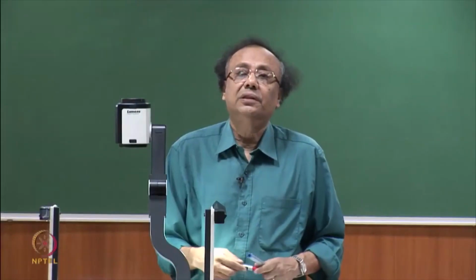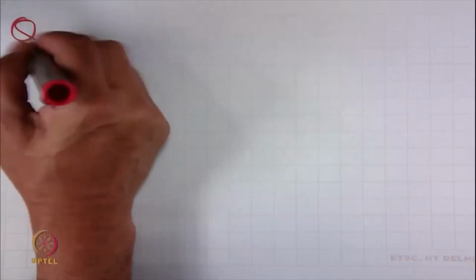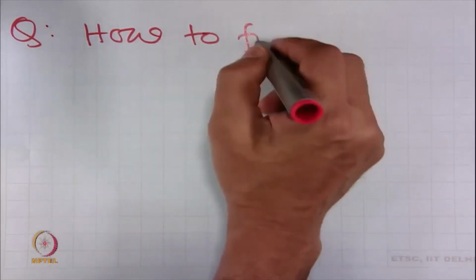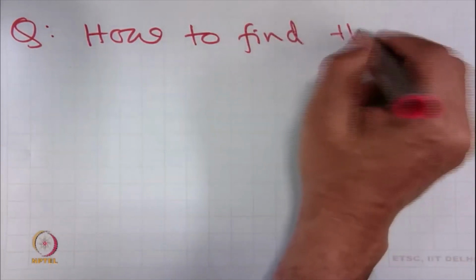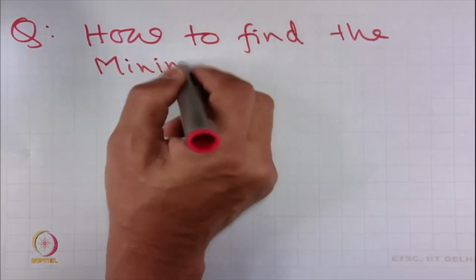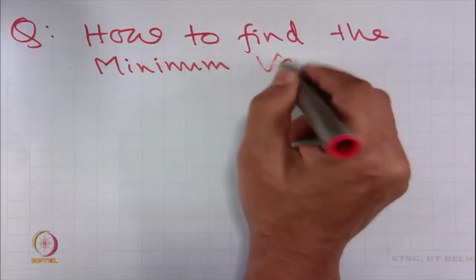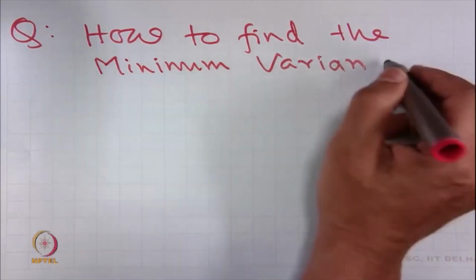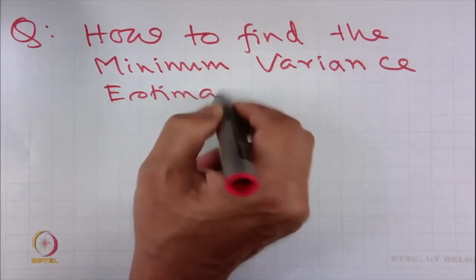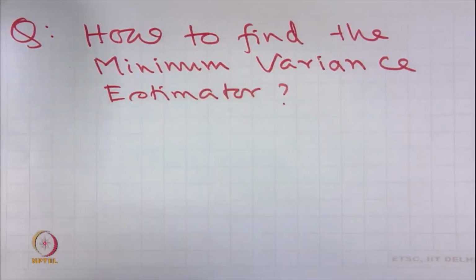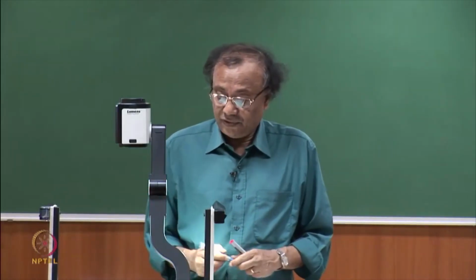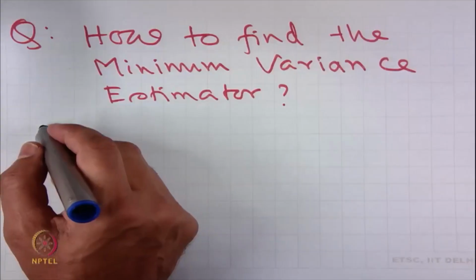The question is how to find the minimum variance estimator. This is very important, as there is no dearth of estimators.